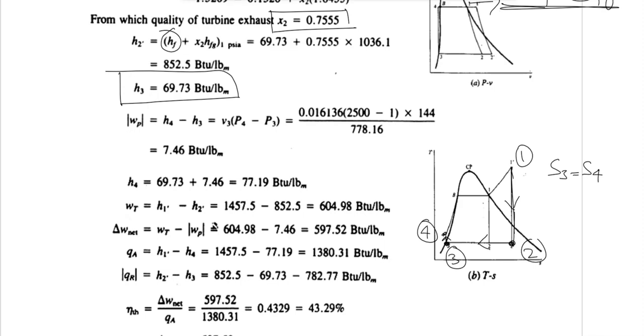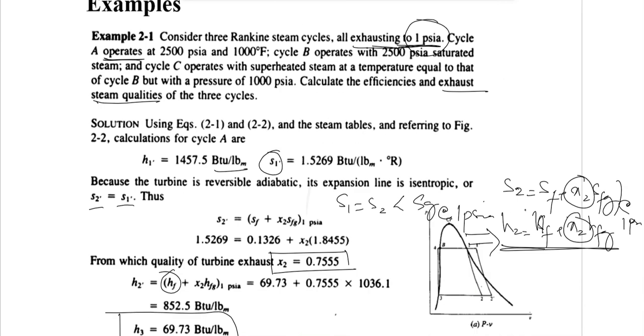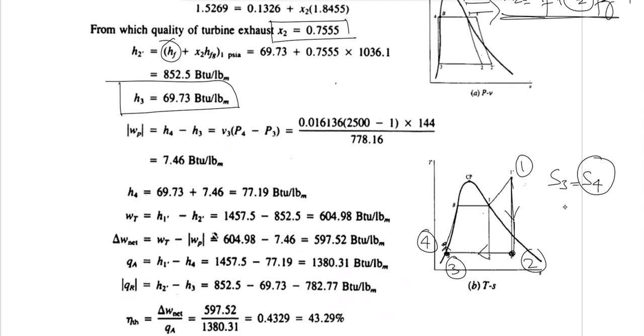So just move to S4. Now you have S4 and you have the pressure at 4, which is over here 2500 psi. So using this entropy and the pressure value, which is 2500 psi absolute, you can just go to the compressed table and find the value of enthalpy from that compressed table.